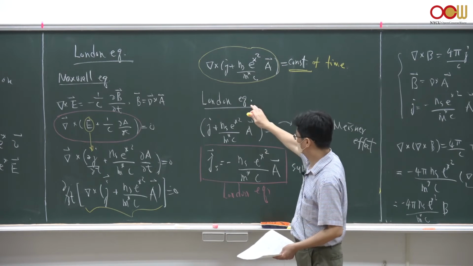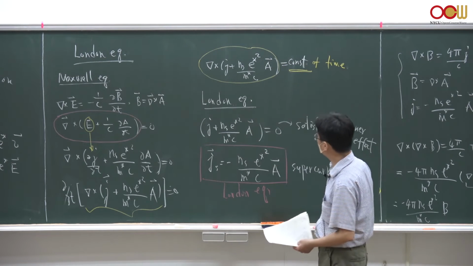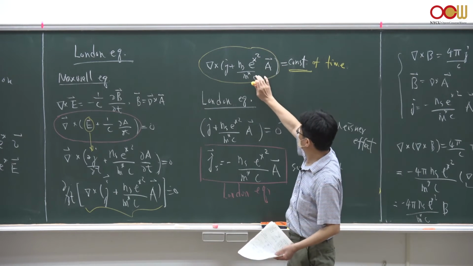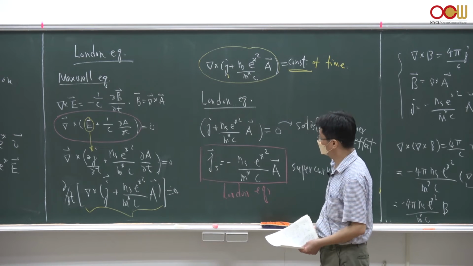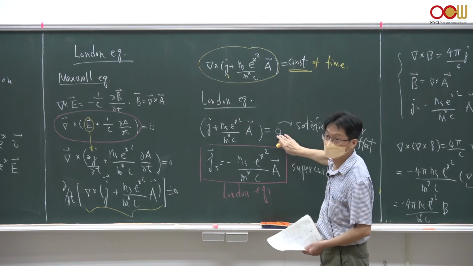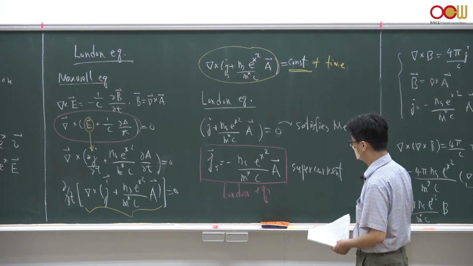London proposed that the quantity in the bracket, Js plus this prefactor times the vector potential A, should vanish in order to satisfy the Meissner effect.